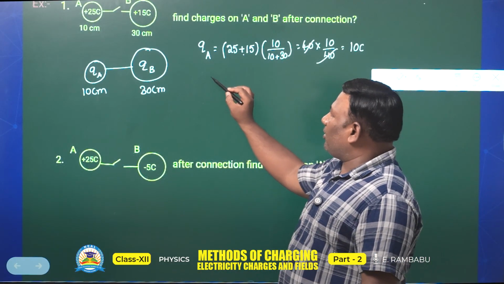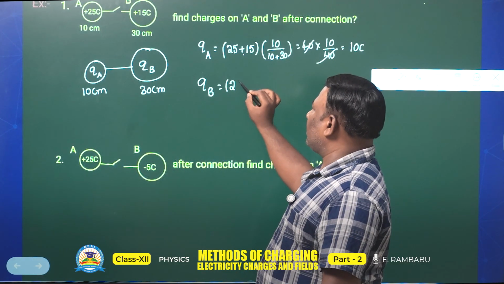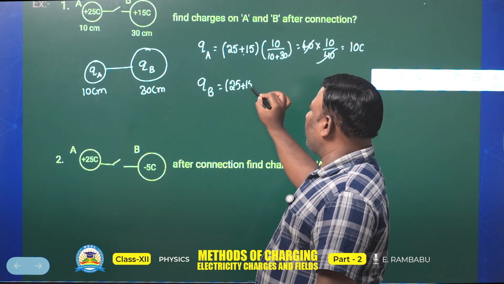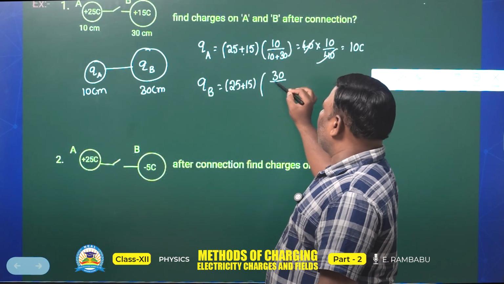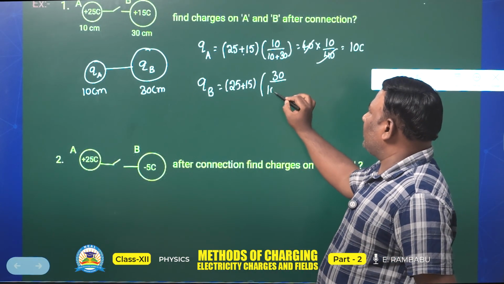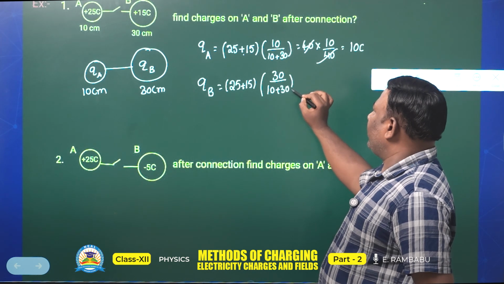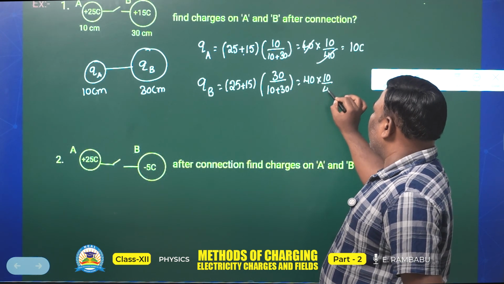And coming to the charge on body B, the charge on body B is again system charge 25 plus 15, into radius of the second body, because we are writing for the second body, divided by 10 plus 30. So it is equal to 40 into 30 by 40.